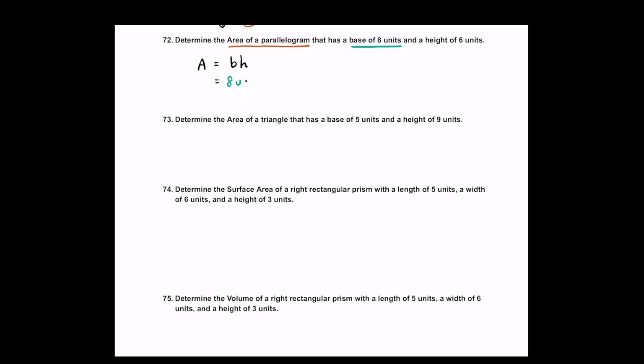If we see the height here is 6 units, then we multiply that by 6 units. 8 times 6 is 48, so we're going to have 48 square units, or 48 little squares would fill up this parallelogram. Okay.